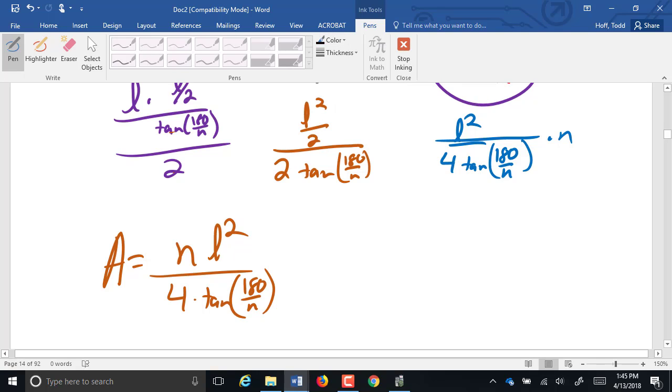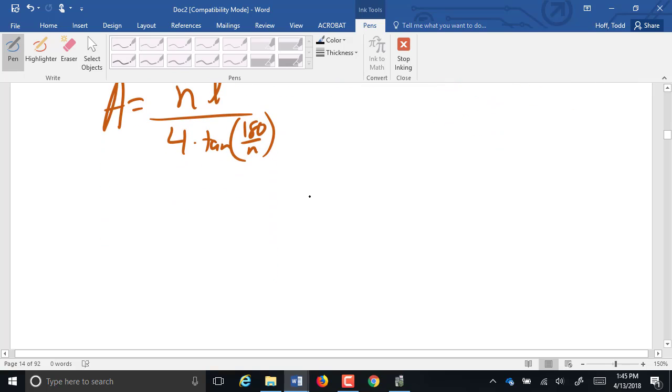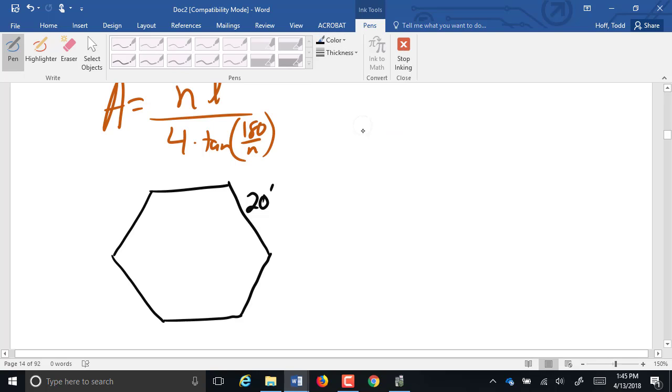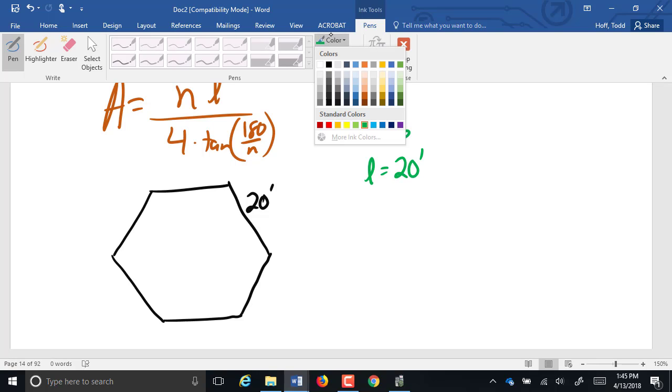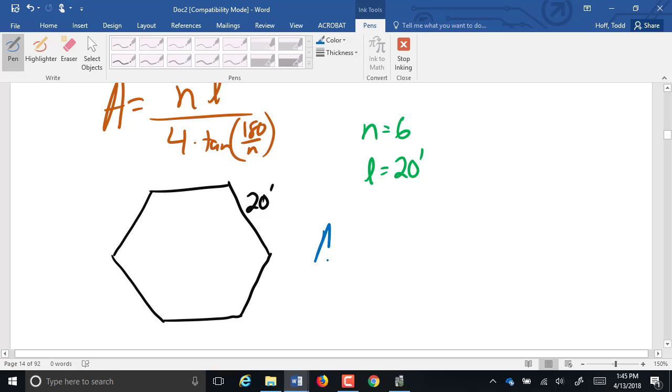Let's take a look at that. So what we had here, a regular hexagon with side of 20 feet. What's n here? 6. What's L? 20 feet. That's all you need to know to find its area. So the area is 6 times 20 squared, that's n times L squared over 4 times the tangent of 180 over 6.